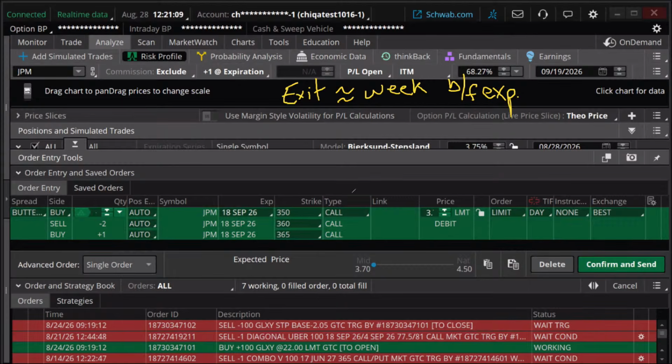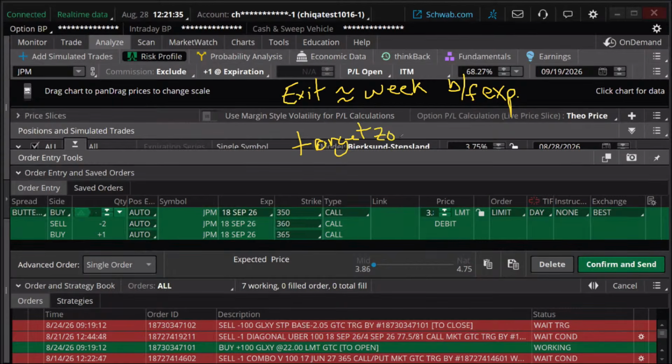The closer you hold it to expiry, the higher the assignment risk is for you. You're also going to exit if we hit our target zone.